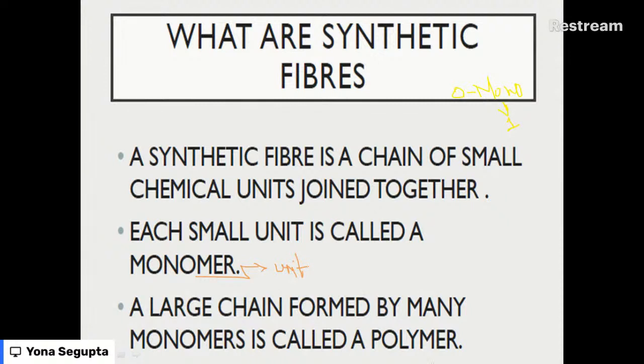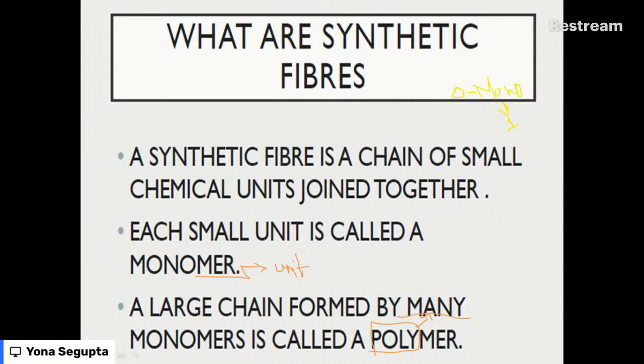Okay, and poly means here, this part means many, isn't it? As simple as that. So polymer is a word that comes from a Greek word, where poly means many and mer means part or unit.